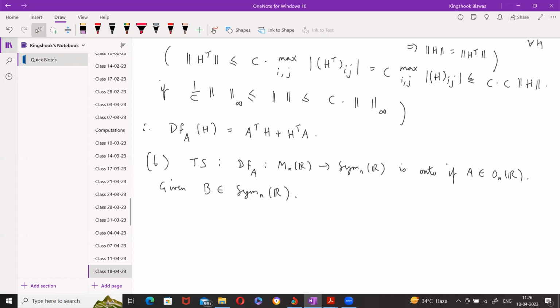We break B as half B plus half B transpose and then equate A transpose H to half B. The other part would be automatically equal.